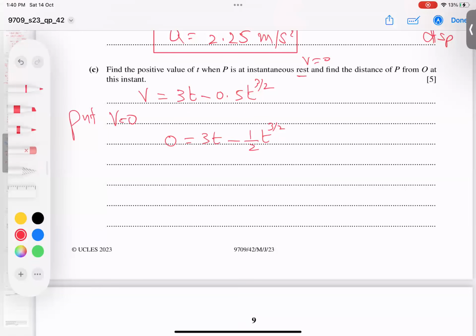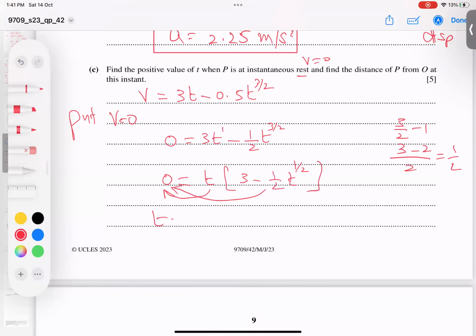Take common out because we have to find the time here. I think two t's are coming and never try to cancel t. So when I take common out, half, out of 3 by 2, 1 is gone. Why, sir? Because what is t of power 1? When I take common, from 3 by 2, 1 subtract, I get a half. So t power becomes half. So either this is 0 or this is 0.